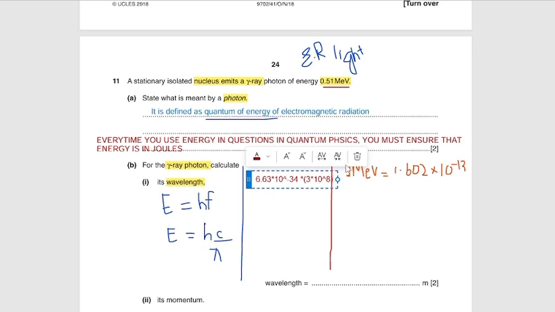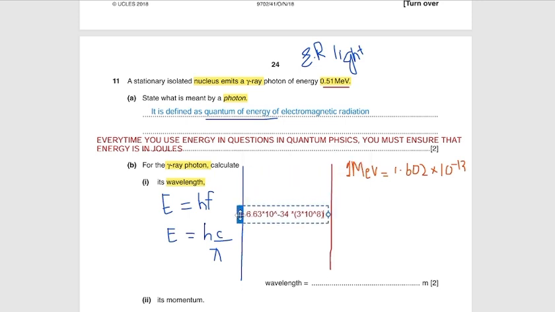We divide this by our energy, which is 0.51 into 1.602 into 10 raised to the power minus 13.